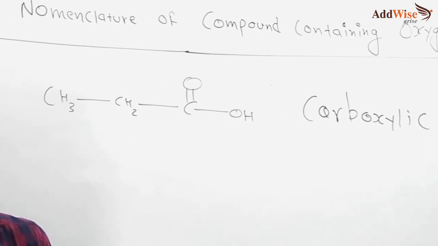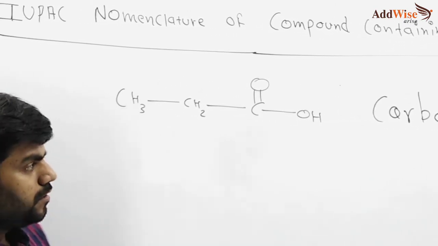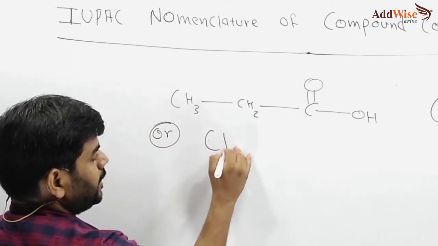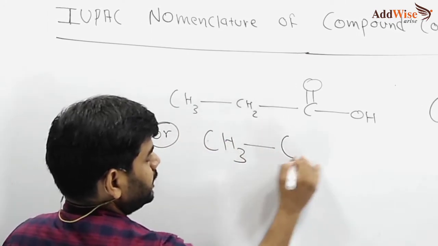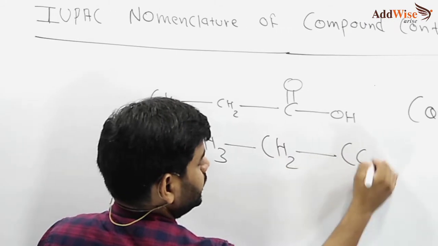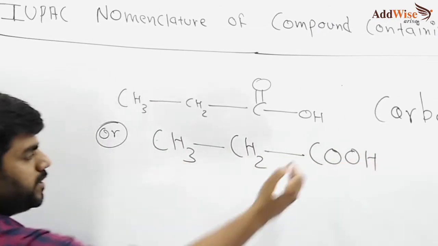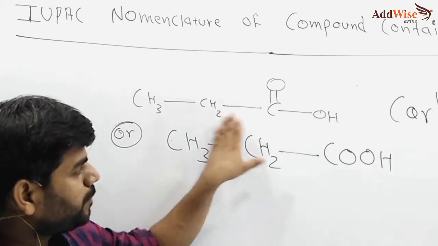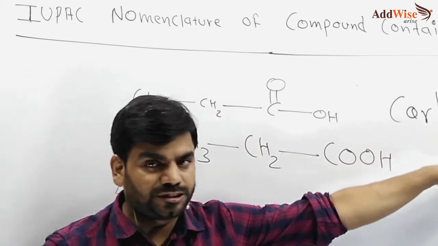But can it be written directly as COOH? Yes, you can also write COOH. So you can also write CH3, then CH2, then COOH. You can write it like this also. Got it? So this compound contains carboxylic acid as a functional group.